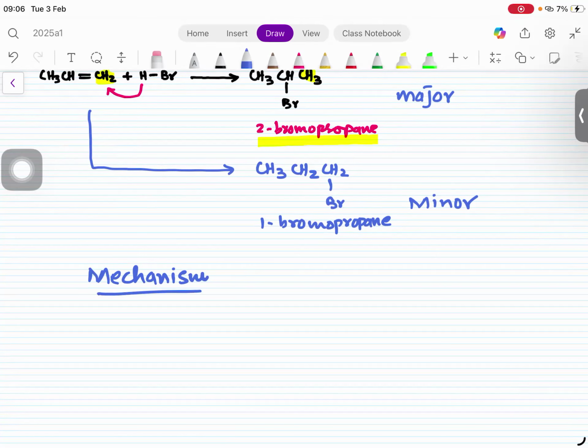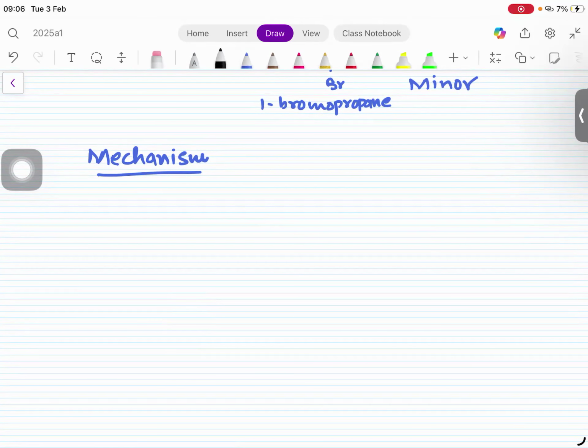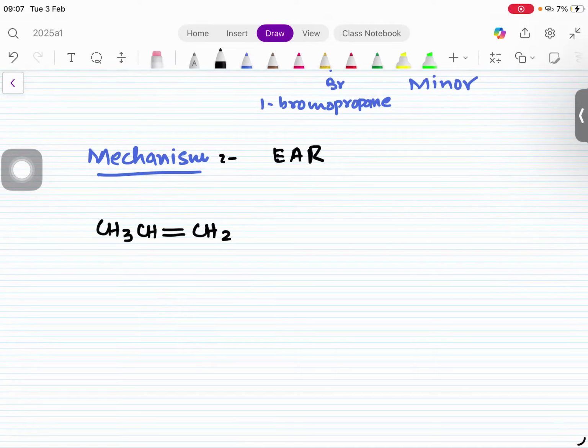If I write the mechanism for this reaction, you know it's an electrophilic addition reaction. Here it is CH2, and it's going to react with HBr. In HBr, this side is partial positive, this side is partial negative.